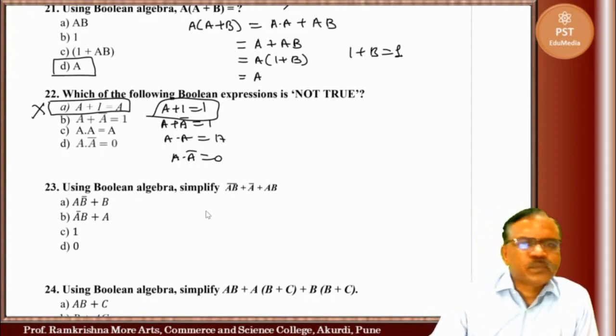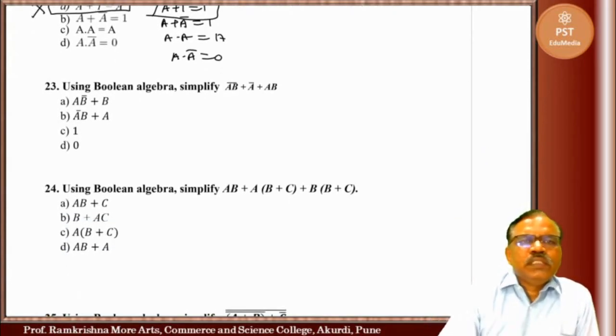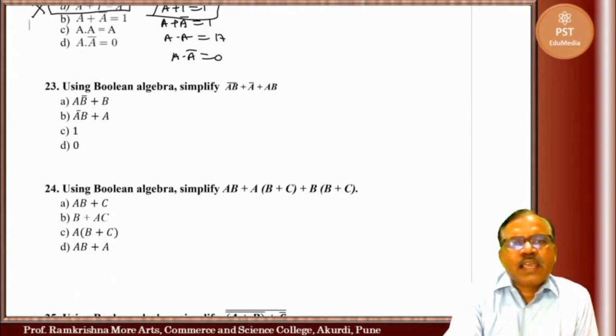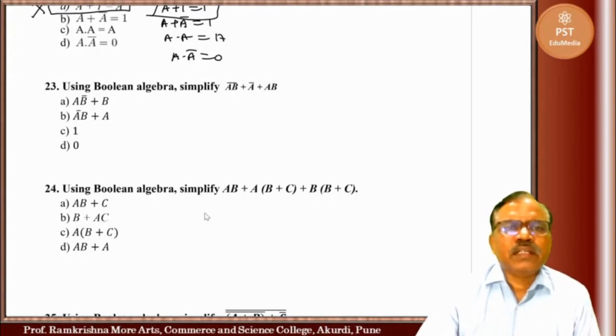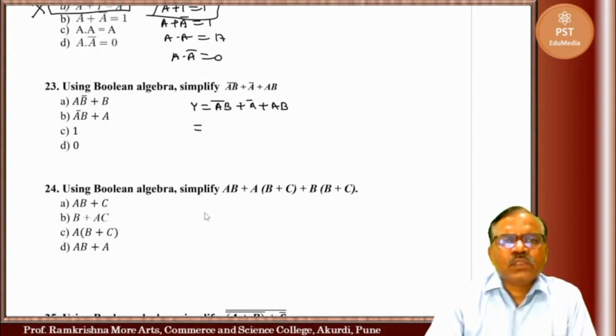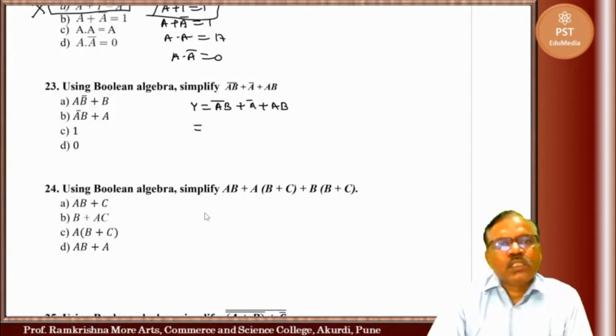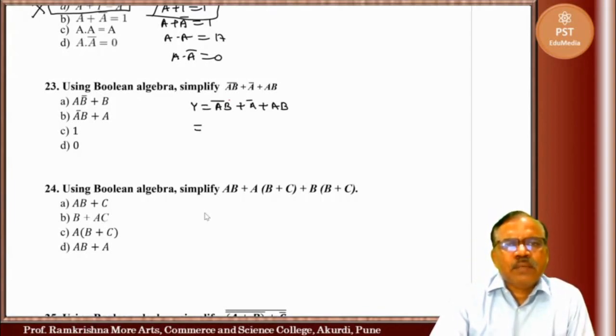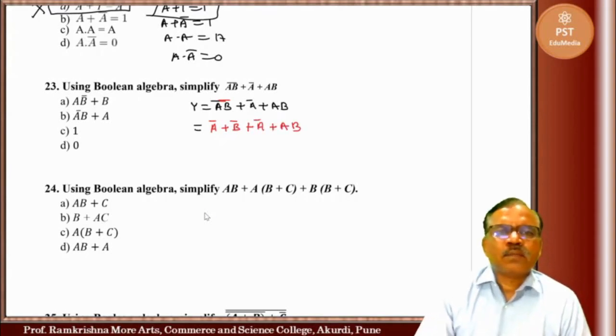Now next one, using Boolean algebra, simplify AB bar plus A bar plus AB. So we have here Y is equal to AB bar plus A bar plus AB. Now we can use De Morgan's theorem. So this first one, AB bar, gives you A bar plus B bar, plus A bar plus AB.